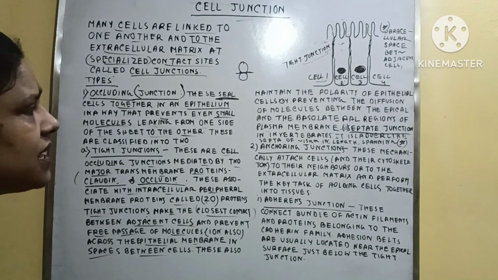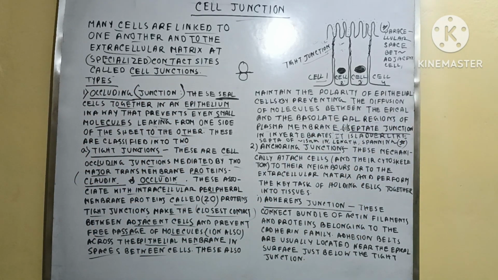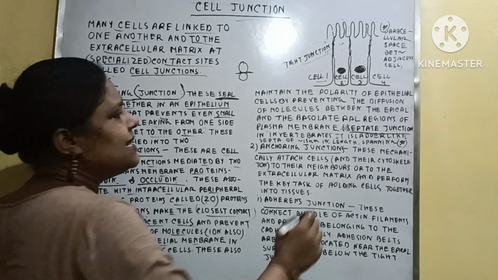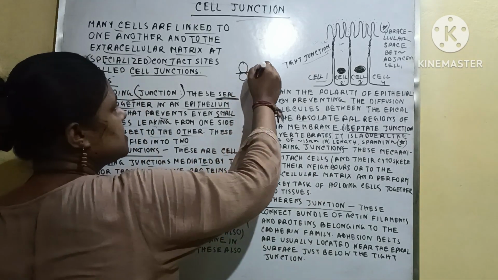And the septate junction is also found in invertebrates or lower animals. It is ladder-like, with septa, ladder-like meaning like this.